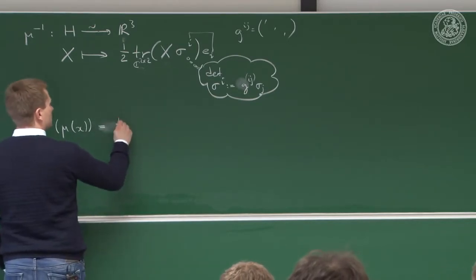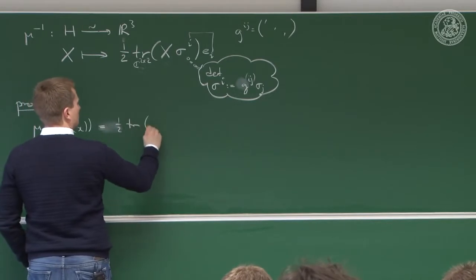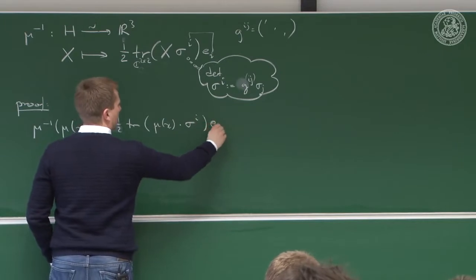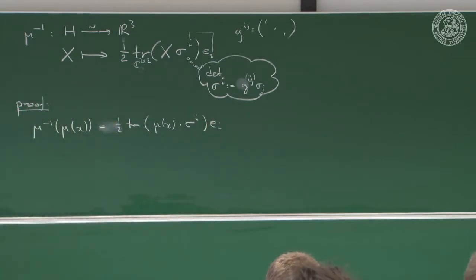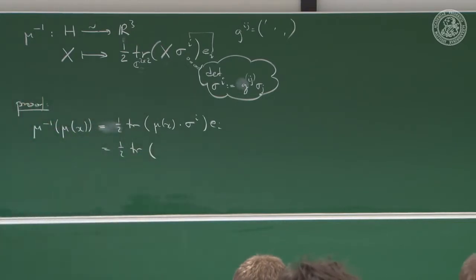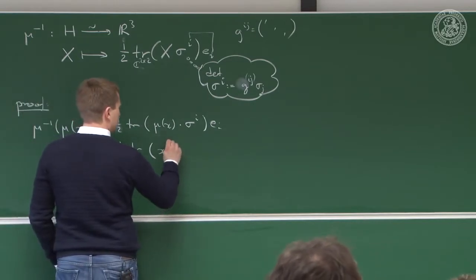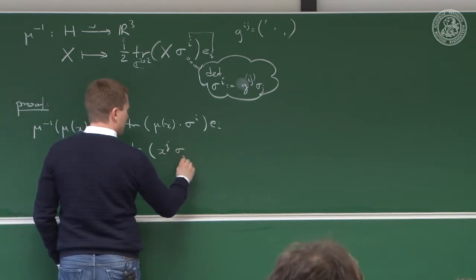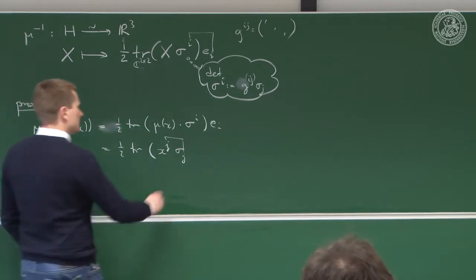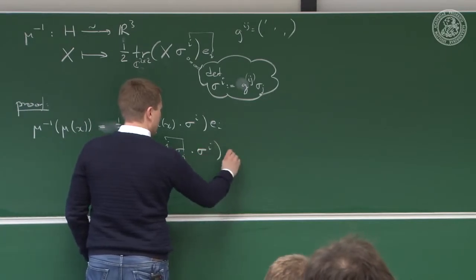Mu inverse is 1/2 the trace of mu of x times sigma I EI. Okay? And so this is 1/2 the trace. What's mu of x? Mu of x is x dotted into the sigma. So this is the x^j sigma j, summation convention, right? This is exactly this, x^j sigma j. Agree? This times sigma I EI.